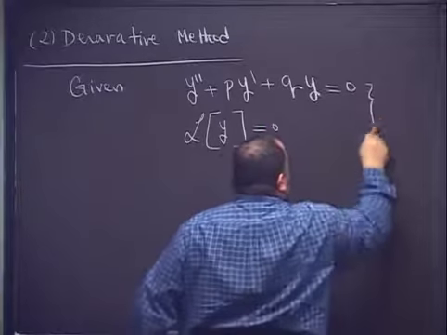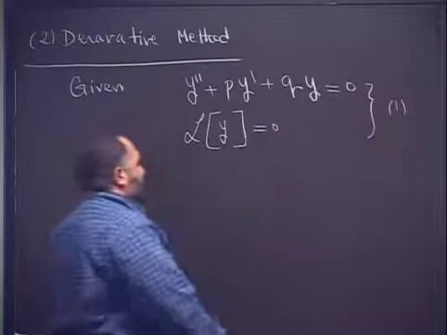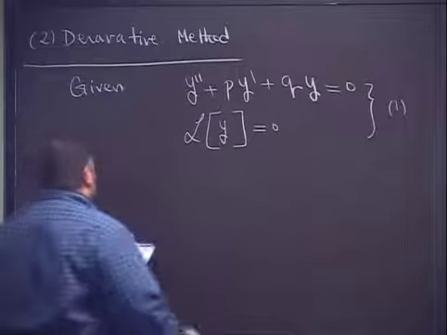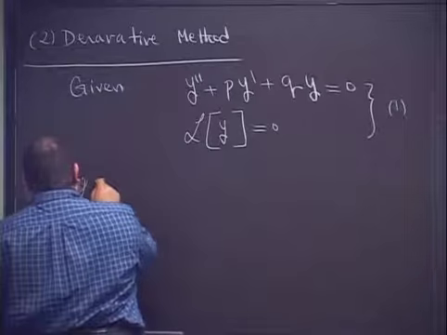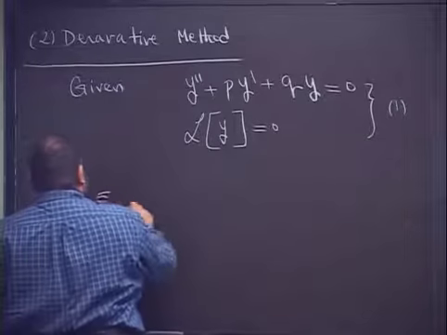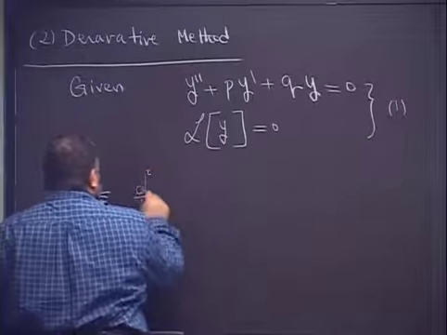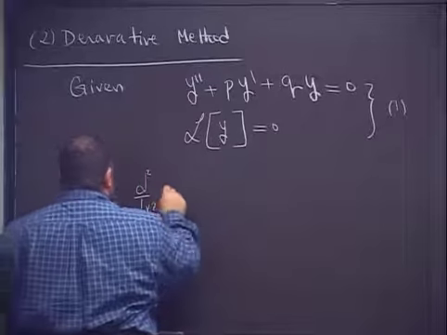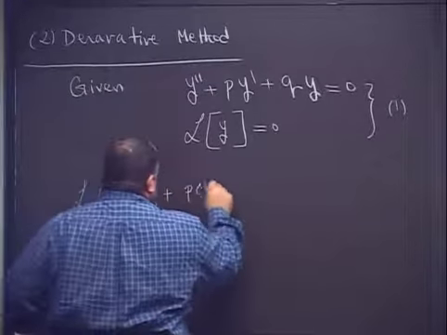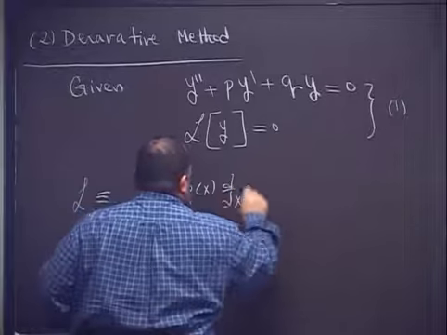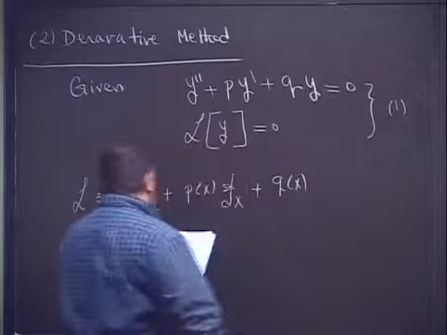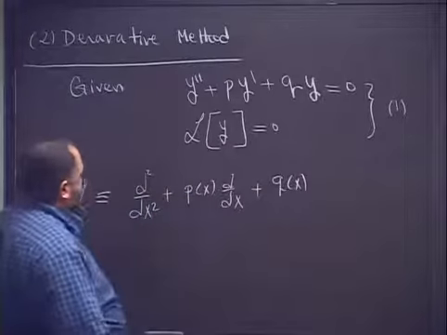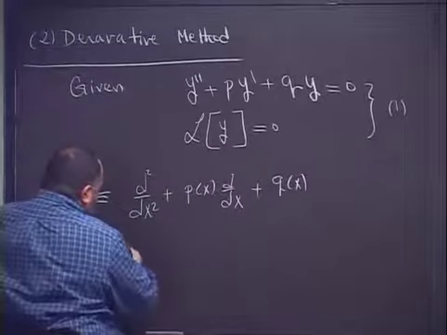We will call this equation 1, where the operator L is equivalent to d2 by dx squared plus p of x d by dx plus q of x.